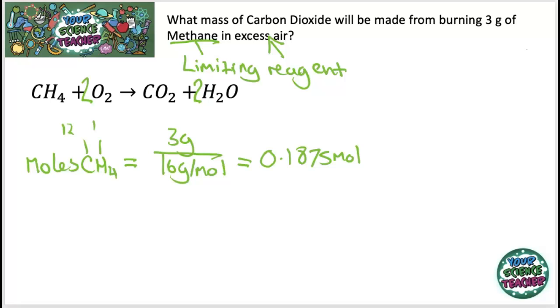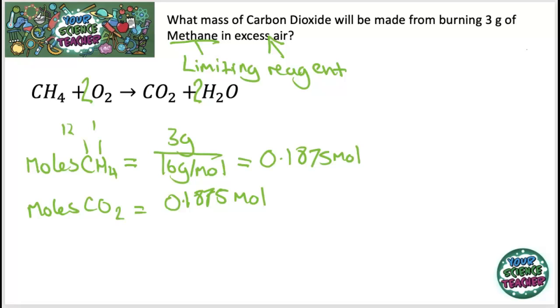And if I have 1 mole of methane, and I react it with these 2 moles of oxygen, I will make 1 mole of carbon dioxide and 2 moles of water. So because in this equation I have 0.1875 moles of methane, I will also have 0.1875 moles of carbon dioxide.